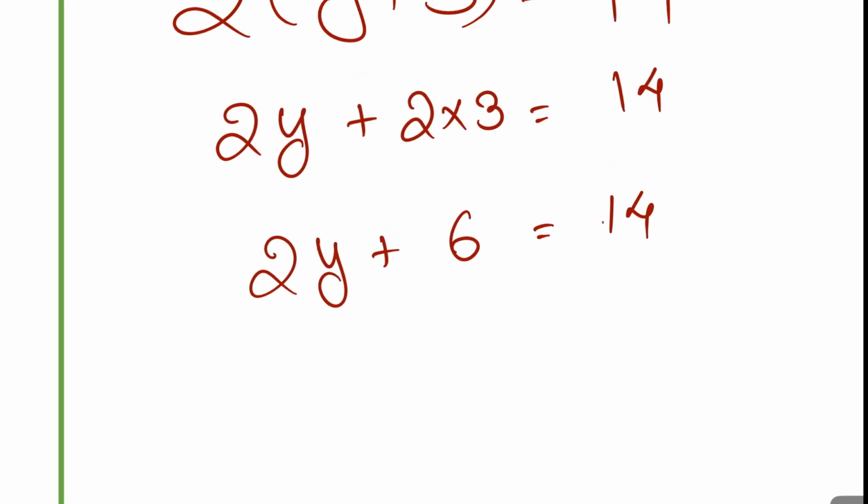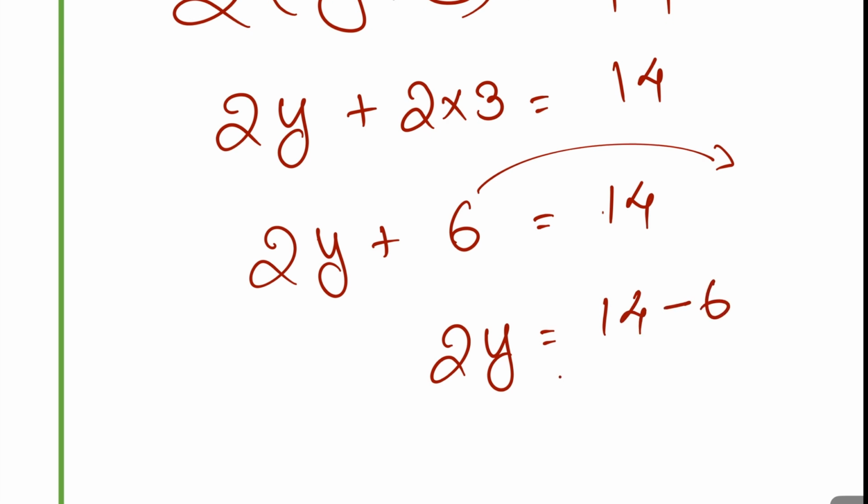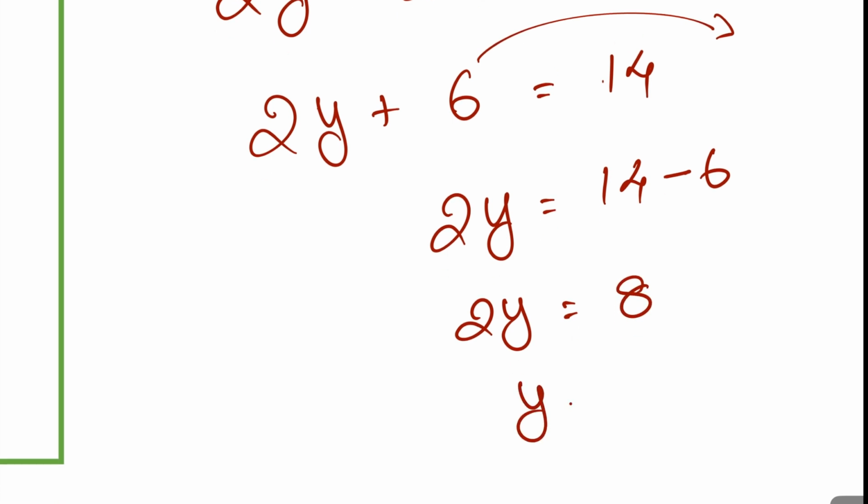When 6 is moving to the right hand side, you have 2y equal 14 minus 6, that is 2y equal 8, and therefore y equal 8 divided by 2.